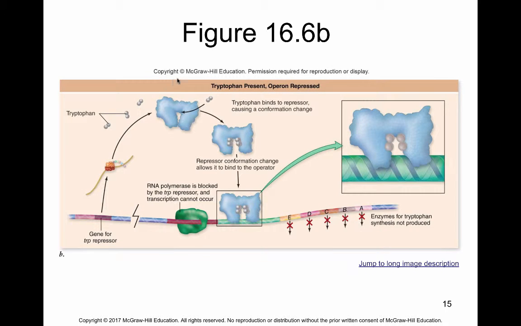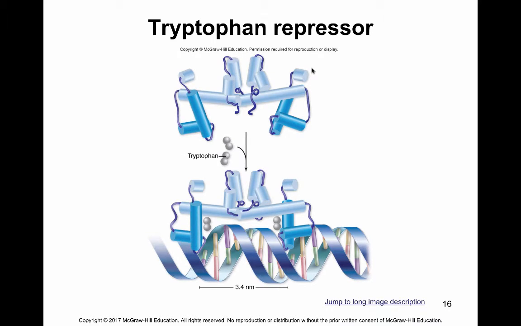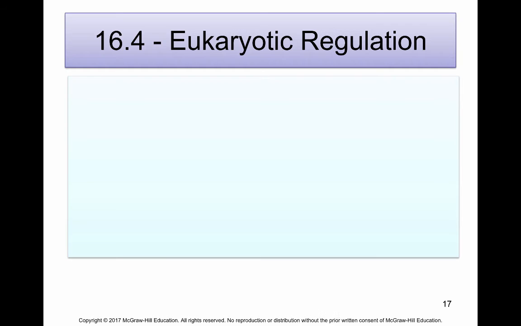However, if we have tryptophan in our cells, you eat some turkey or some kind of protein, that tryptophan binds to my repressor as a co-repressor, and that shape change allows this active site to bind to the DNA. And that binding prevents the RNA polymerase from transcribing this gene. So transcription cannot occur. And there's another image of how the tryptophan repressor works.